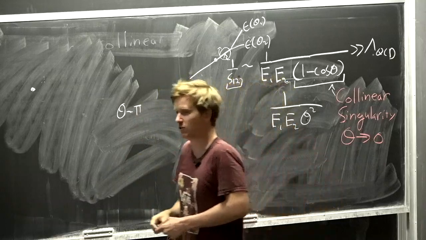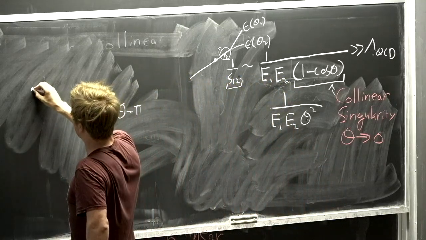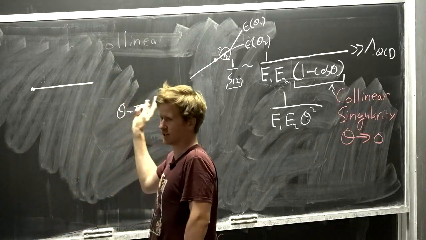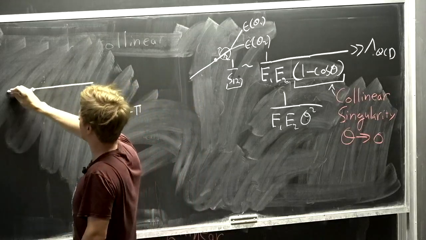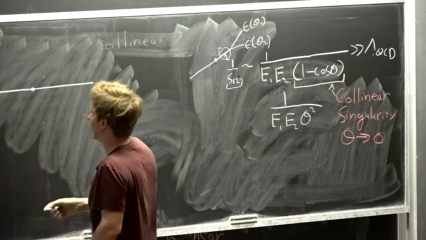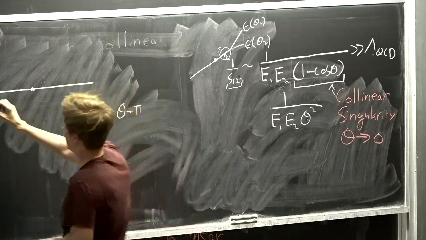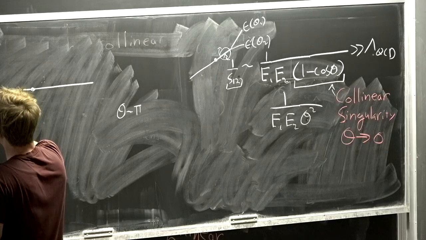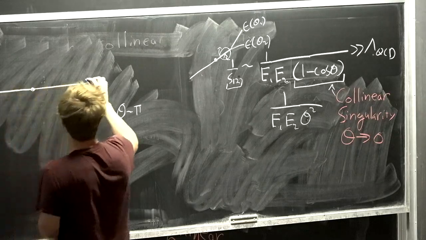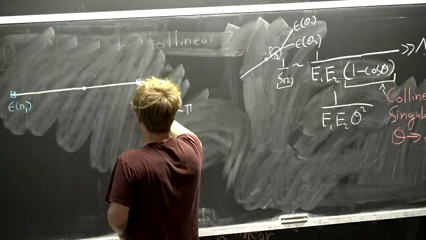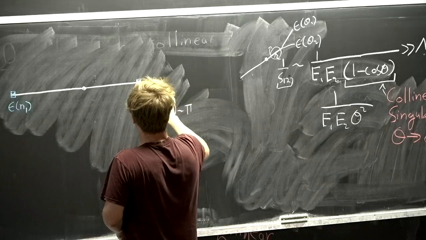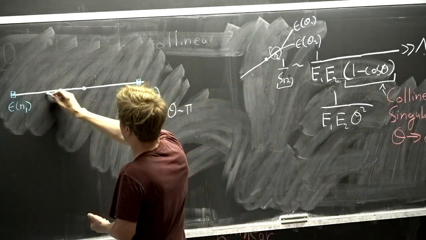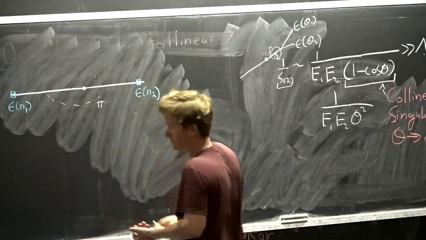What is physically happening in that configuration is I produce one high energy, let's say quark, going in this direction, and one high energy quark going in this direction. I'm going to put my detectors on these. So the detectors lie on very high energy particles, so they're not being suppressed at all, and there's approximately pi between them.